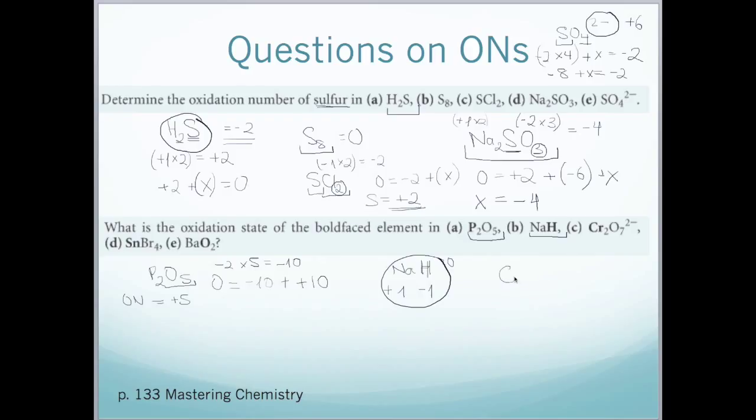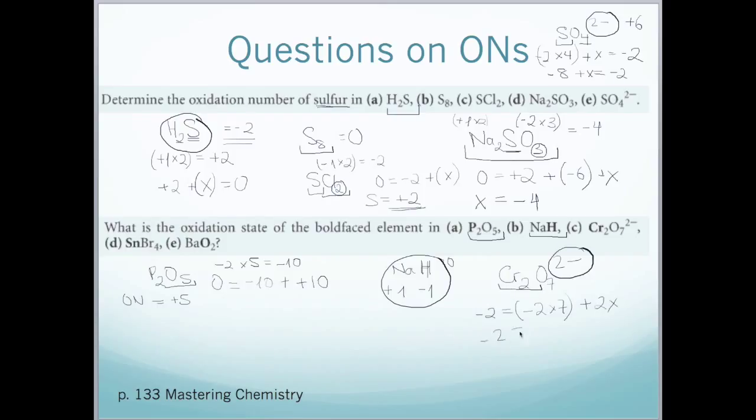So let's look at C. Cr2O7 2 minus. So overall, we have a 2 minus charge, -2. Oxygen is -2 times 7, plus we need 2 chromiums, so 2x.